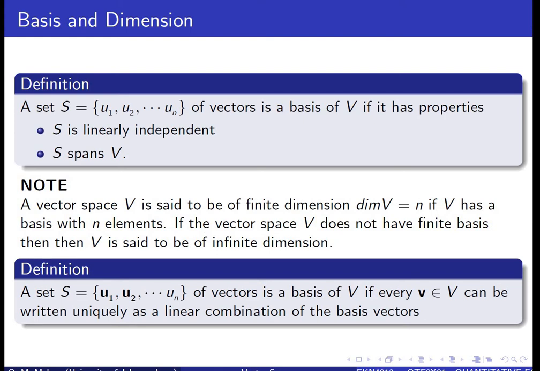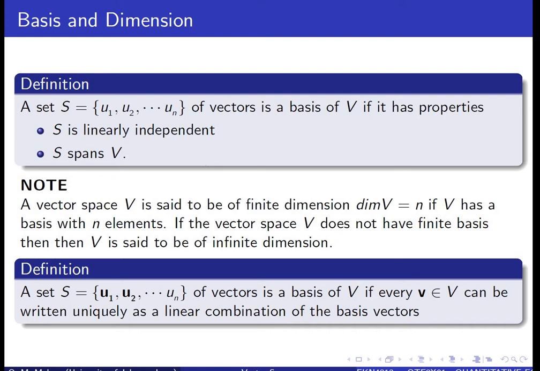S is linearly independent, and S spans V. S spans V simply means that if we take any vector in V, we can express it as a linear combination of the vectors of S. For instance, the vectors (1, 0) and (0, 1) span R2, in the sense that if I take any vector in R2, I can express it as a linear combination of the vectors (1, 0) and (0, 1).